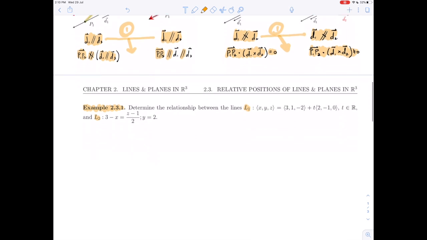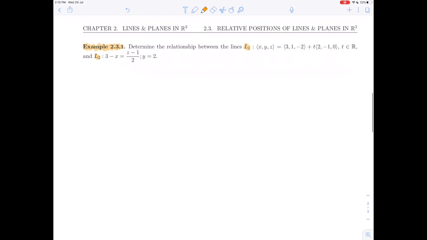So let's go back into our example, 2.3.1. L1 is given in vector form, so we can see the position vector of a point P1, which is (3, 1, -2). We can also read the direction vector of this line directly: (2, -1, 0).